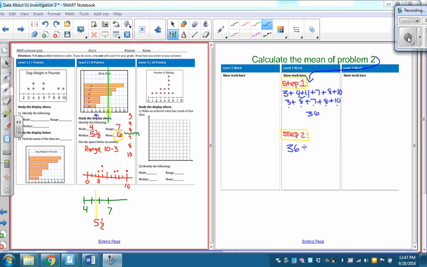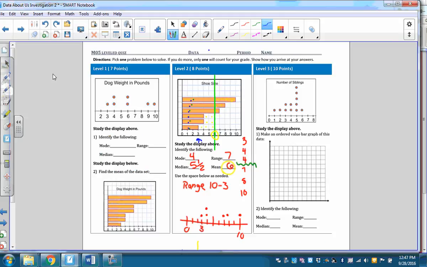So you divide by the number of data points. And so we get the mean is 6. And when we look at our mean line over here, I'm going to zoom in over here. That's what we found out with the mean line. The mean is 6.